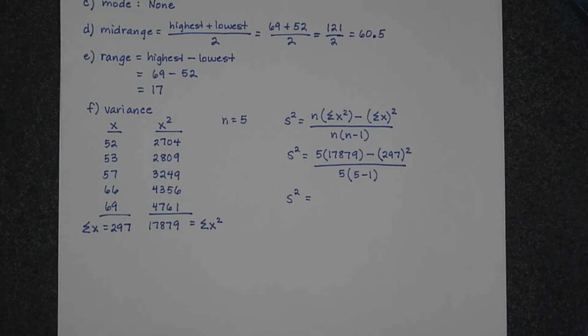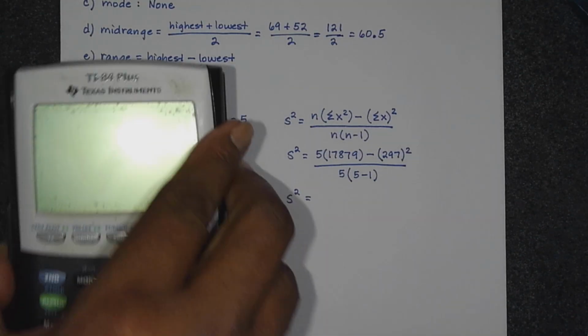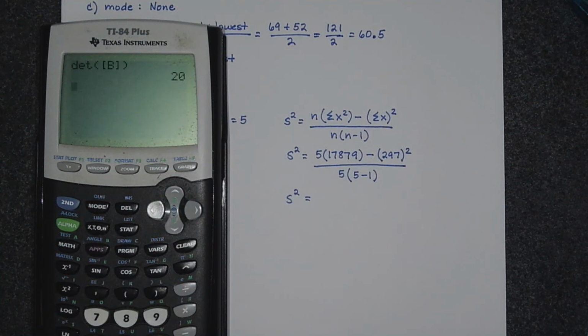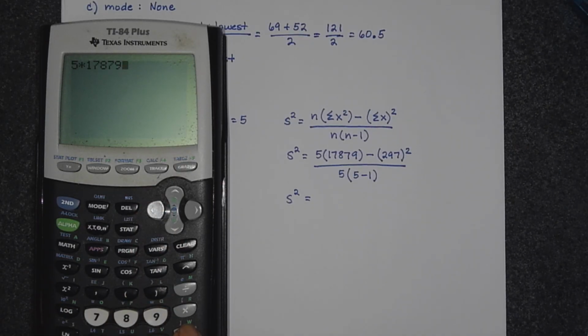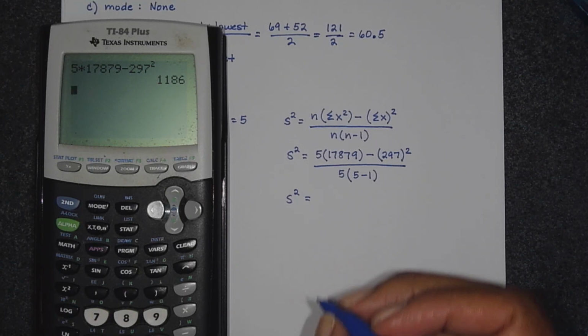And what I would do here is do the numerator and the denominator separately on the calculator. So in this case here, if I do 5 times 17,879 minus 297, and that's squared, that numerator will be 1186.